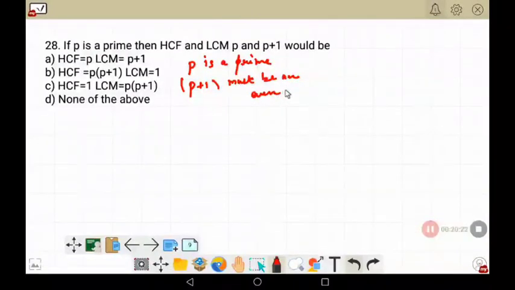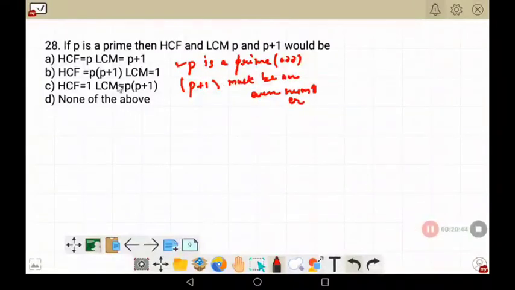Why? Because p is a prime number, that means it must be an odd number, because even numbers are never prime. If p is a prime, it must be odd, and then p plus 1 must be even.